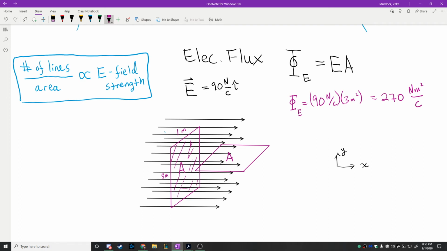This sheet is oriented also with its edge coming out of the screen, except that edge is parallel to the field lines. I would say the flux through this surface is 0. It's almost like the field lines have to actually penetrate the surface to have any flux at all. If you turn it sideways, you get no flux.